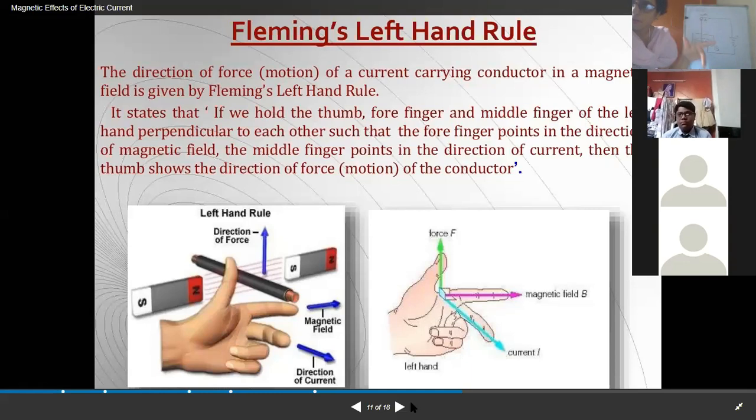If we hold the thumb, forefinger and middle finger of the left hand in such a manner that they are mutually perpendicular to each other, the middle finger will point in the direction of the current, the thumb will show the direction of the force, whereas the forefinger will show us the direction of the magnetic field.